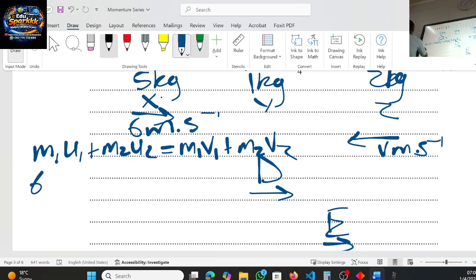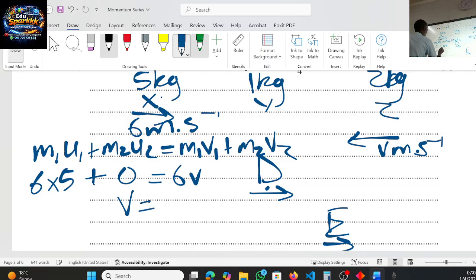It's only this one where we have 6 multiplied by 5, but because this is stationary, we have 0. Then when they are coalesced, we have a combination of the masses, 6 multiplied by the new speed that they'll have as particle D. And when we simplify, V will be 5 meters per second. So assume the object will now be moving at 5 meters per second.